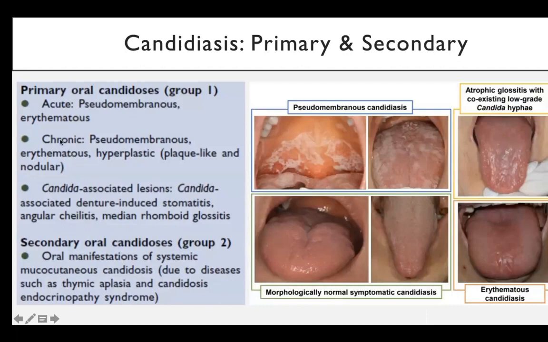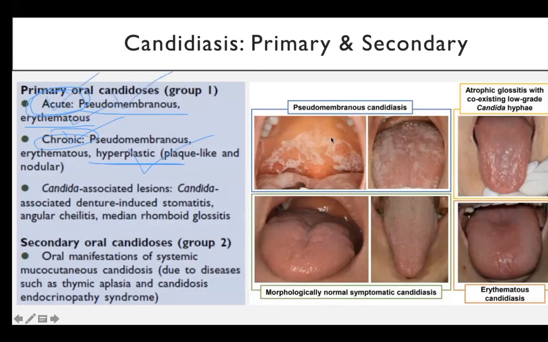Then there is chronic, which is hyperplastic, and then candida associated lesions. Among these, the important ones are pseudomembranous and erythematous, which are acute, and hyperplastic, which is chronic. So usually in chronic candidiasis, we see it hyperplastic, and in the acute state, we see it pseudomembranous and erythematous.